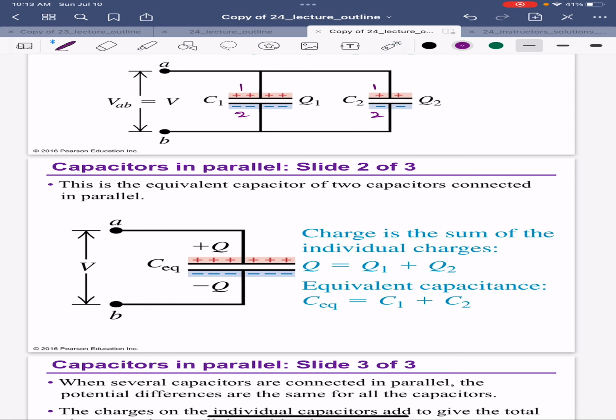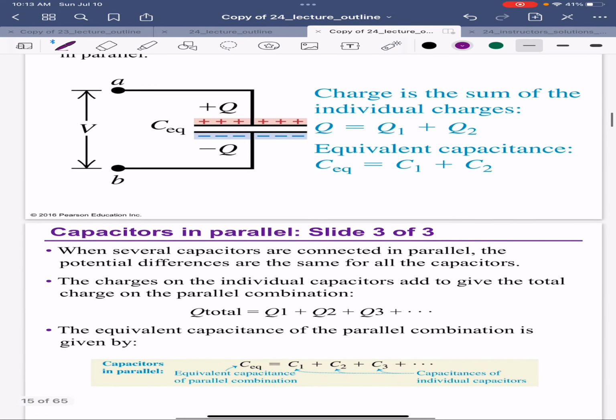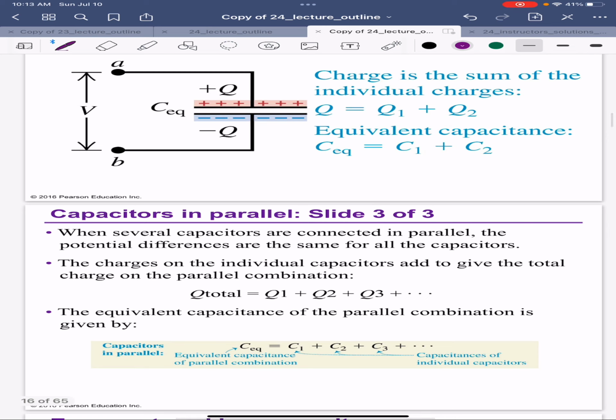Then you add it, and then you are going to say this in general. If I have several capacitors connected in parallel, then Q total is Q1 plus Q2 plus Q3, and then C equivalent is going to be the sum of all the capacitances.